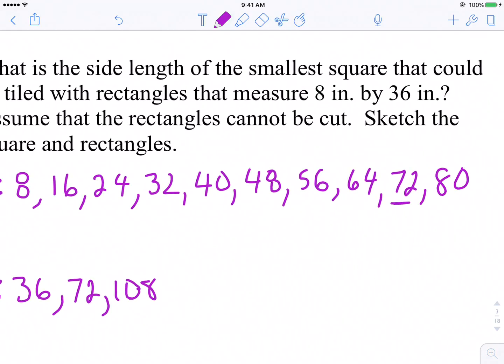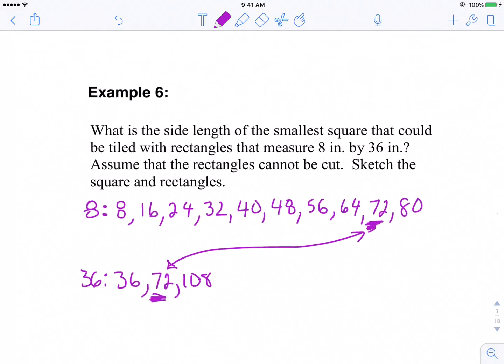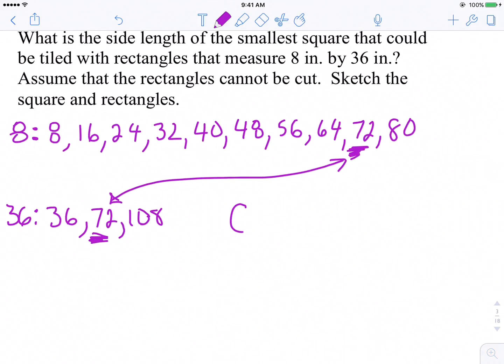Oh, wait a minute. 72, 72. These two are common. It's the lowest number common between the two sets. So the least common multiple, in this case, is 72 inches.